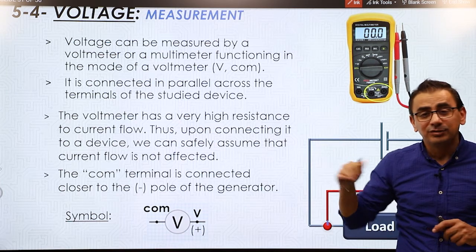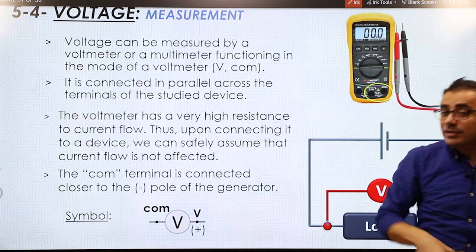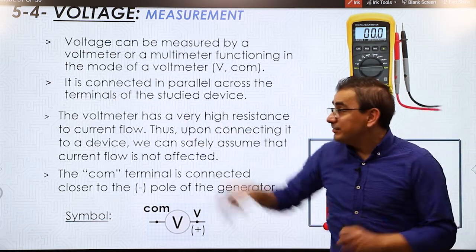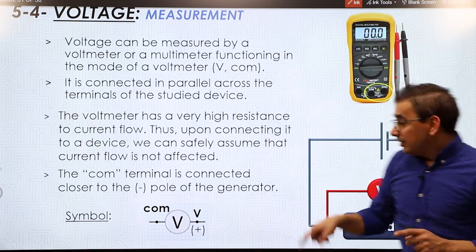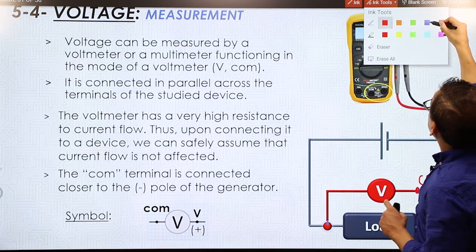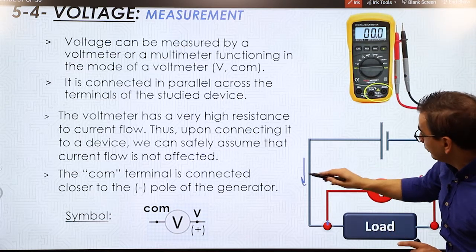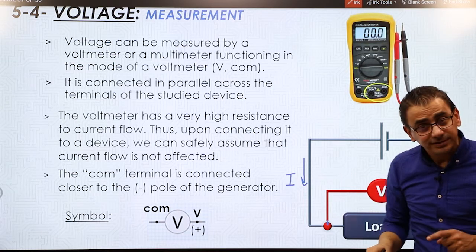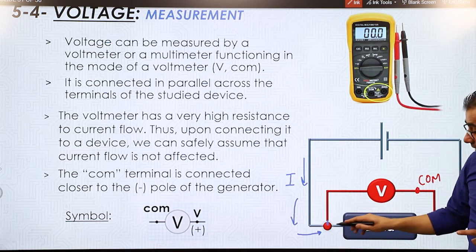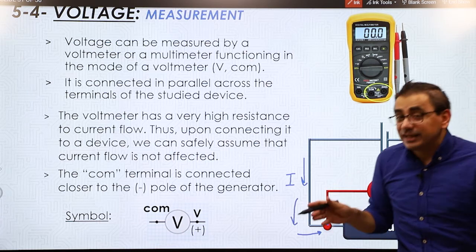As we talked about the ammeter, we talk about the voltmeter here. Again, the voltmeter has a very high resistance. Why does it have a very high resistance to current? Because as current flows here, current flows from positive to negative, right? When current flows, it reaches a splitting point.